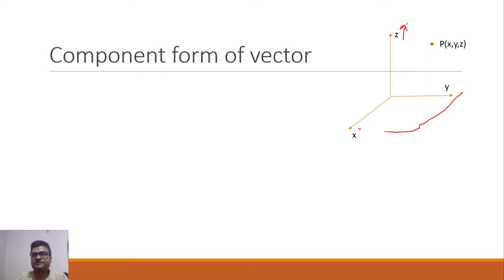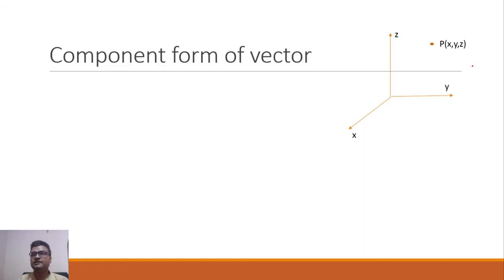So this coordinate system is known as the right-handed coordinate system, and we use this right-handed coordinate system everywhere in electromagnetic theory. Some might use a different coordinate system in different subjects, but here in EMT, in all the books, in all the literature, you will see this coordinate system only.